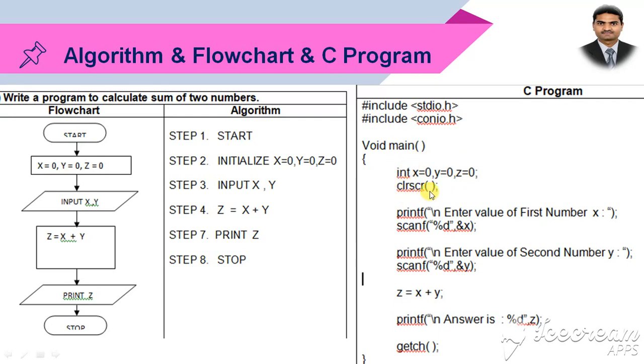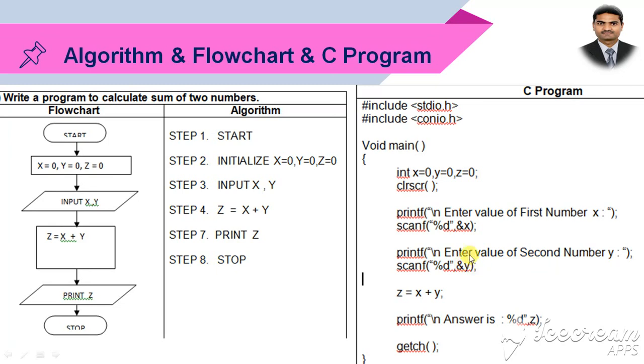Then clrscr, which clears the old output, and next, first printf: enter value of first number x. And how can we write scanf? scanf %d comma ampersand x. So the first value will be stored into x. Similarly, we input the second number: enter value of second number y, then scanf %d ampersand y.